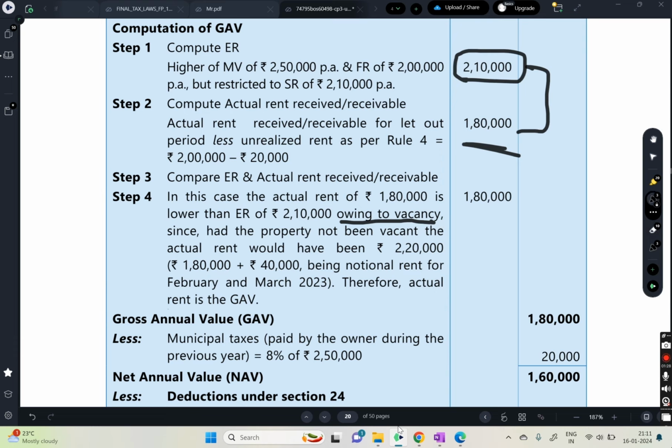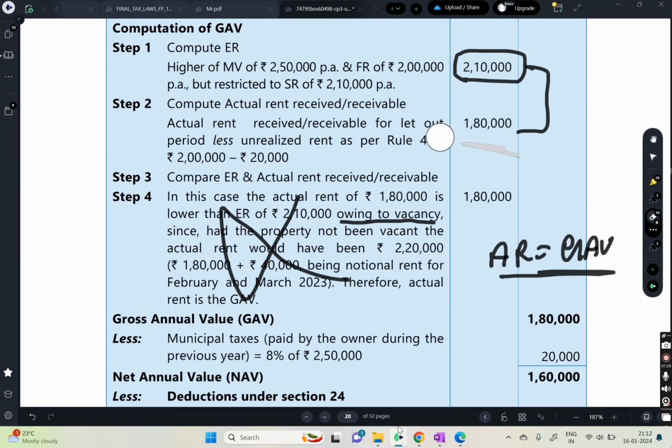Let's leave this part. What did we say here? Actual rent is equal to GAV, if it is because of the vacancy. Now, what is actual rent in this question? 1,80,000 only, right?